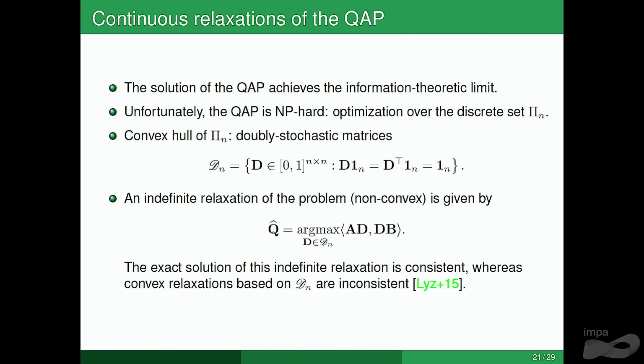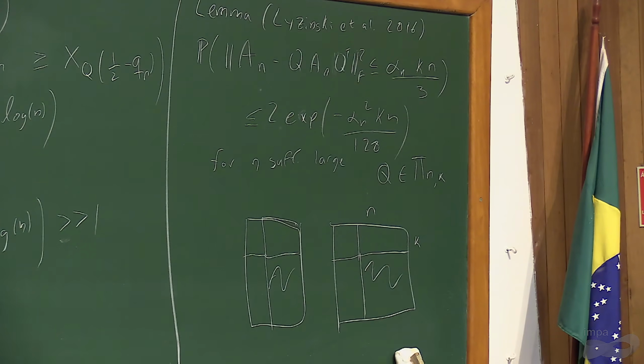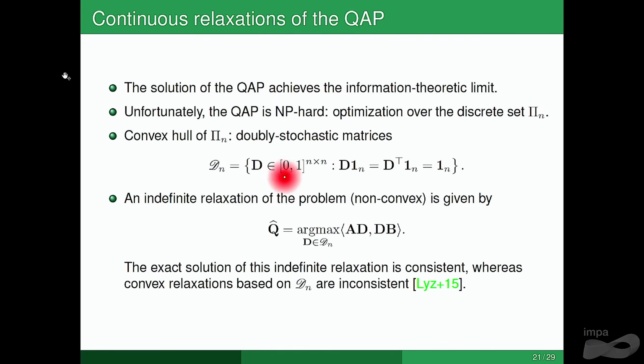Actually, I don't know if it's 2015 or 16, but it's the same paper here, the one that uses this inequality. They show that using a convex relaxation of the graph matching problem, the solution is going to be inconsistent. So convex relaxations don't work for this problem, in principle, or at least one based on the doubly stochastic matrices.